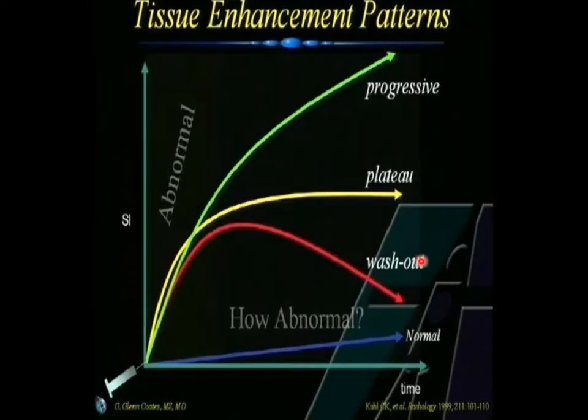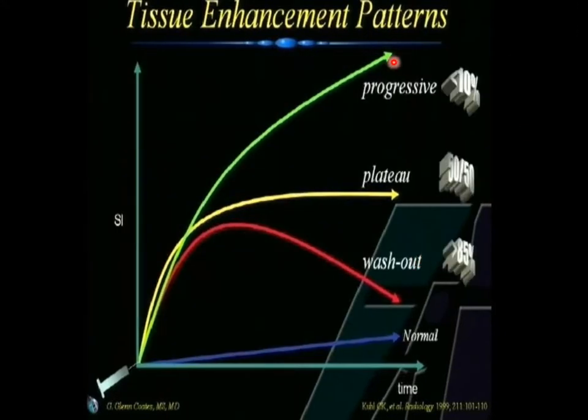As you know, the first one, called the constant curve, is a progressive increase in the enhancement. Less than 10% may be malignant.